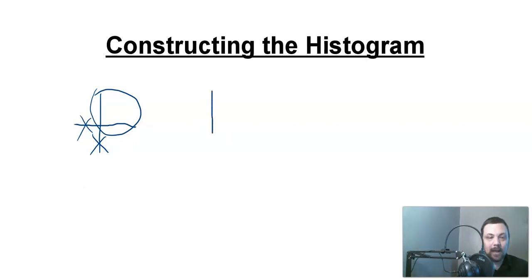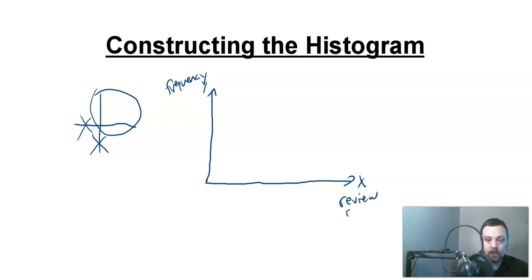All right, and so we will have a y-axis here, which will be the frequencies. And then we'll have the x-axis here. And this will be the review scores. All right.